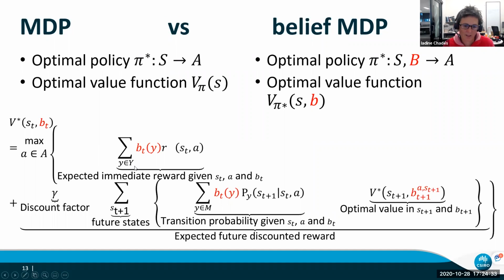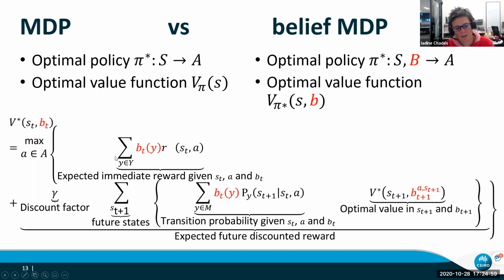Okay, so there are two terms in that equation. The first term is the expected immediate reward. And the second term is the expected future discounted reward. So immediate means time t, and future means t plus 1, basically this little thing there.